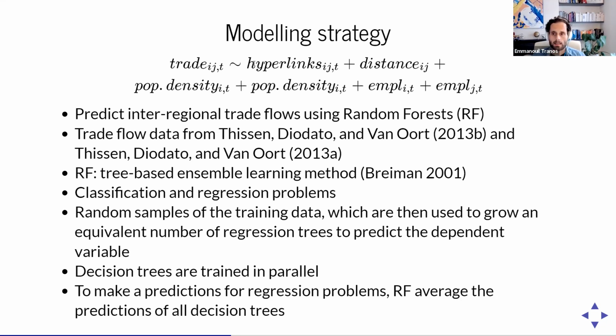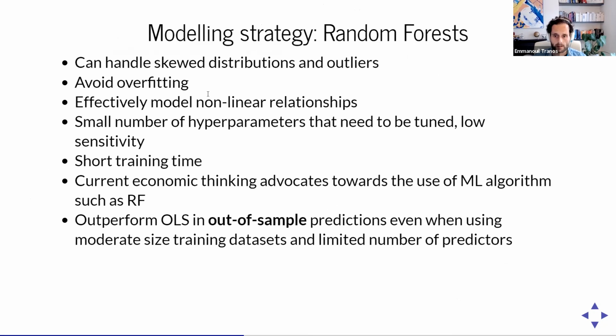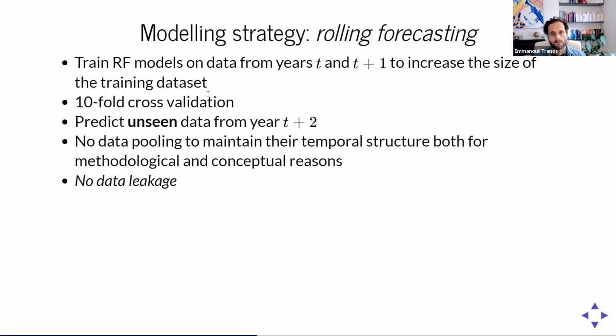We utilize some standard machine learning algorithms in order to train and utilize our models, and these are random trees. I'm not going to justify to this audience why we're using random trees. What is more important is to say a few more things about our modeling strategy, which is based on the idea of rolling forecasting.